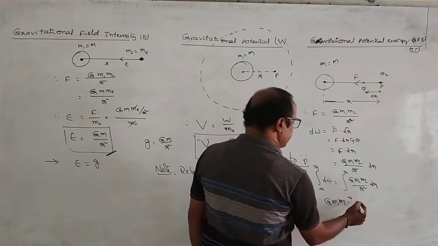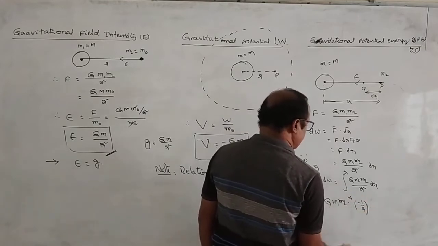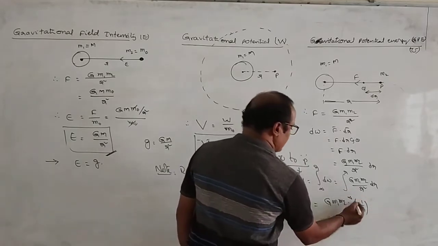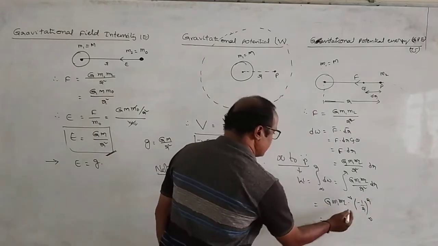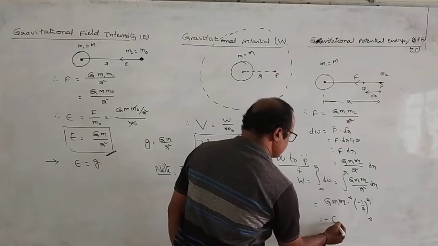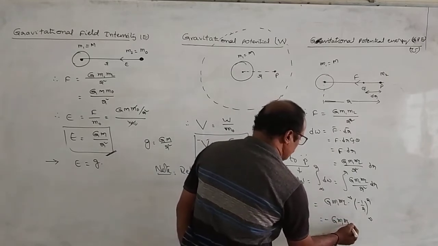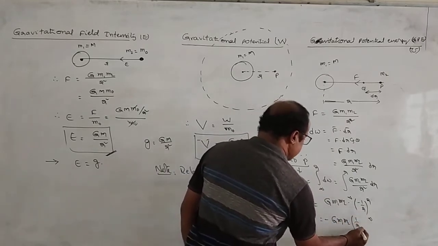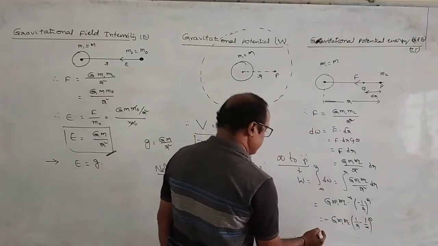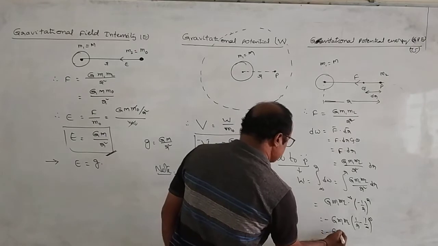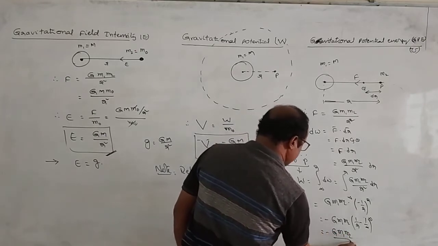Integral dr by r square is equal to minus 1 by r. Applying limits, minus G m1 m2 into 1 by r minus 1 by infinity. One by infinity equals 0. So therefore this is minus G m1 m2 by r.